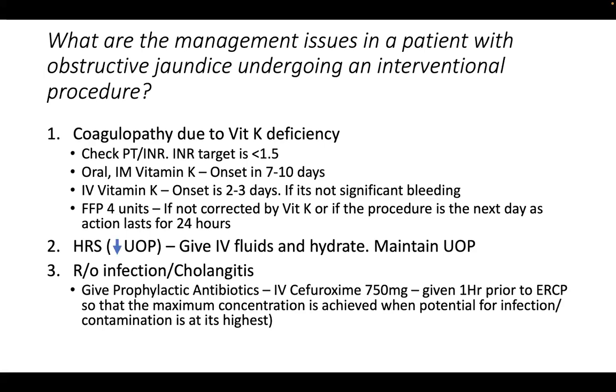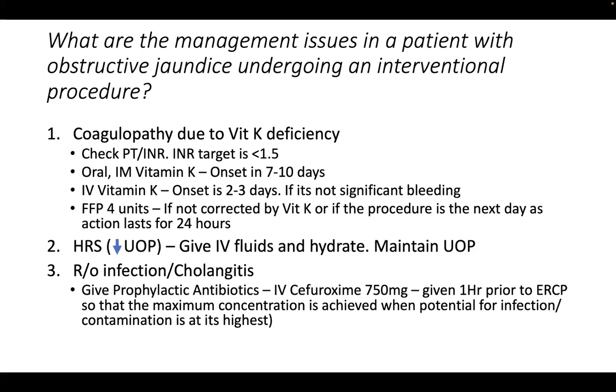Now if you need to do an ERCP or some sort of procedure, IV vitamin K onset is about 2 to 3 days. So if there is no significant bleeding and you can wait for about 2 to 3 days, then you can give IV vitamin K. However, if the procedure is the next day or you have an emergency like significant bleeding, then you have to give FFP. And you'll give about 4 units because this action will last for 24 hours.